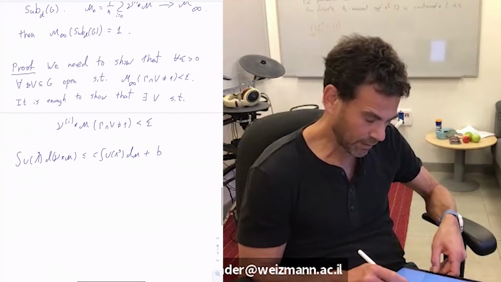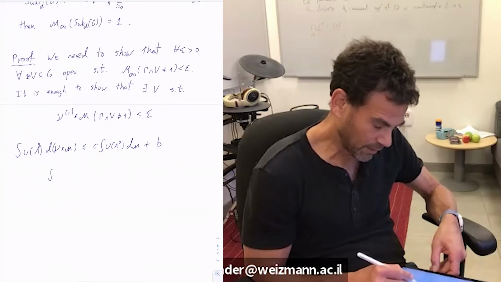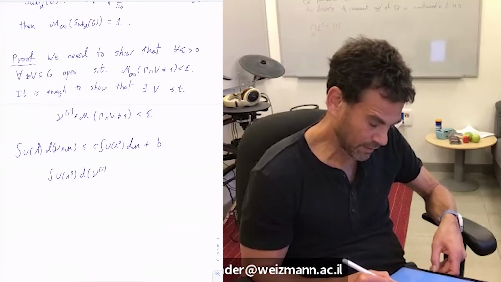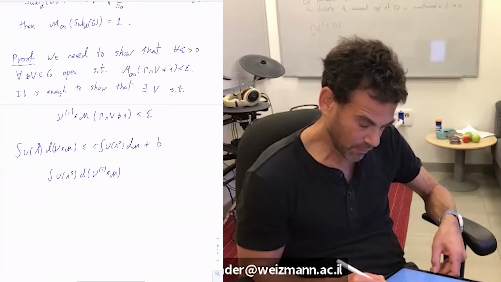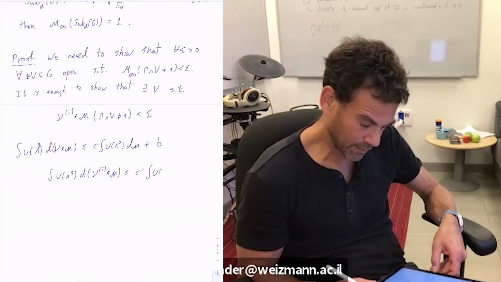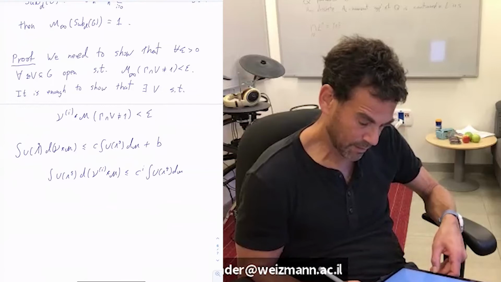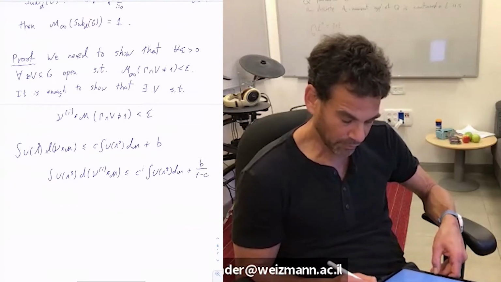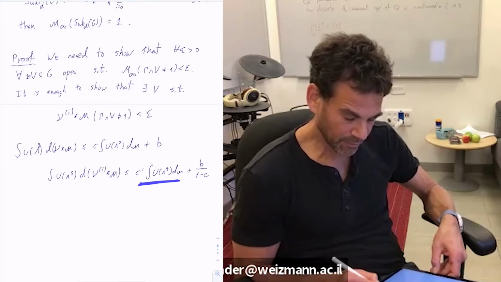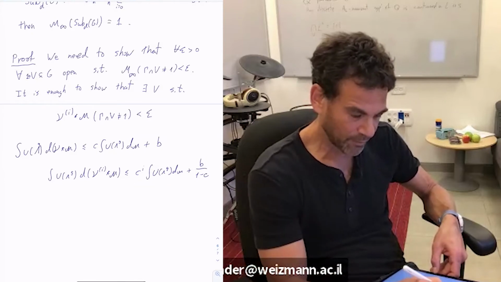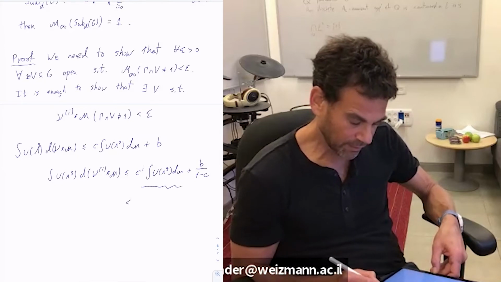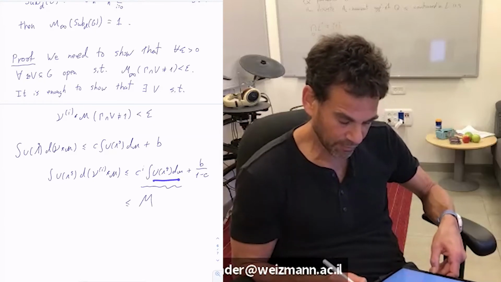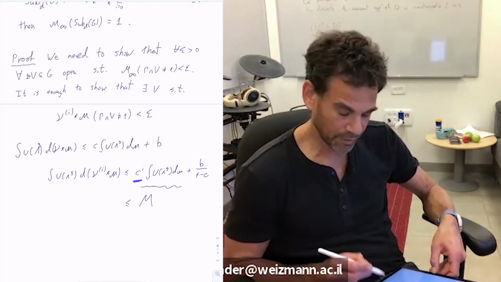If you iterate this i times, then you see that the integral of u of lambda d nu to the i convolution mu will be less than c to the i times this integral, plus b over something like that. So suppose this is finite. A priori, it does not have to be finite, but this is where I'm slightly cheating. But if this is finite, then this is bounded by some constant: this integral plus this constant, because c is smaller than 1.